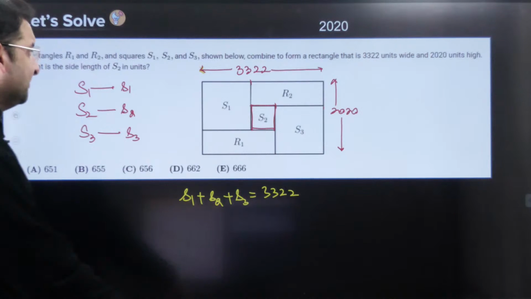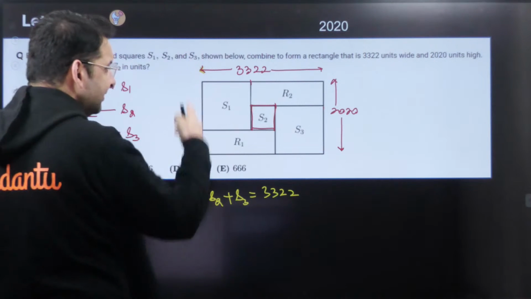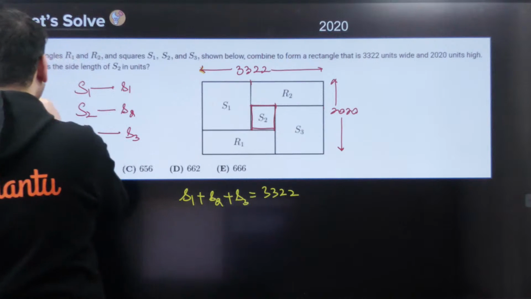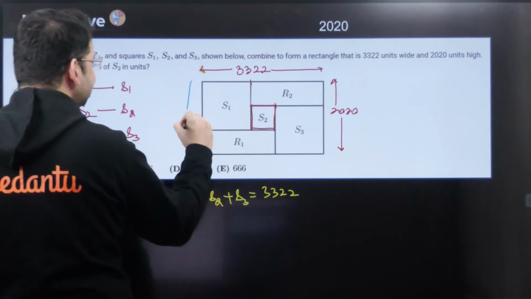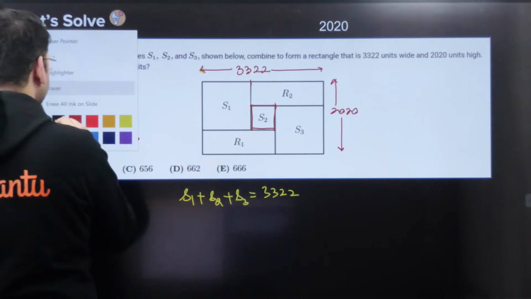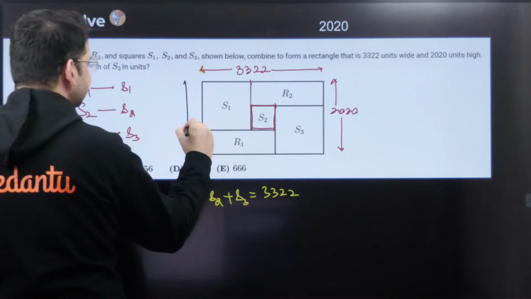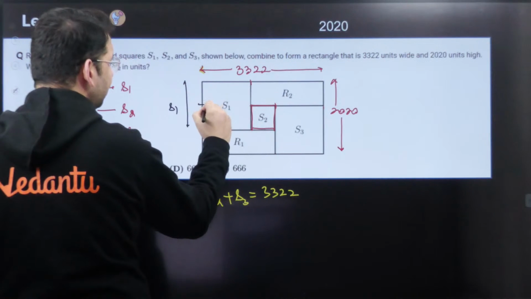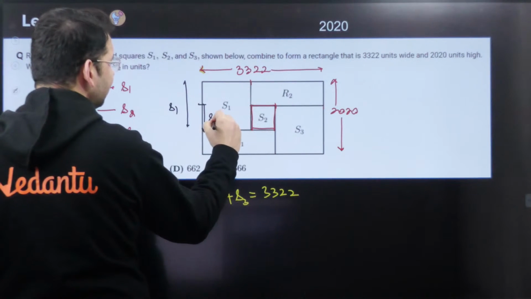The problem comes when we write the width, because here there are certain overlaps. So clearly, this is S1. S1 includes S2, so this portion is the overlap portion. This is the S2 portion.